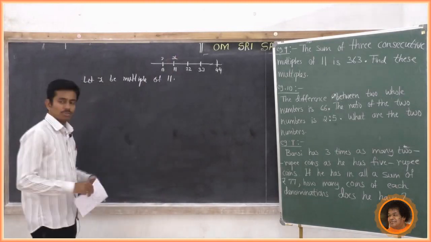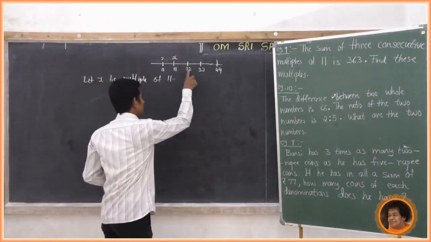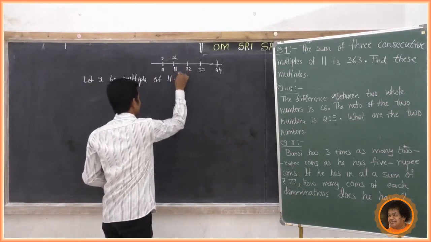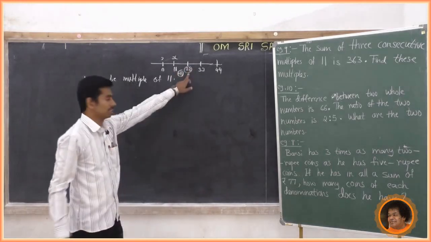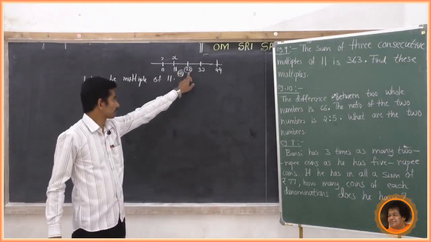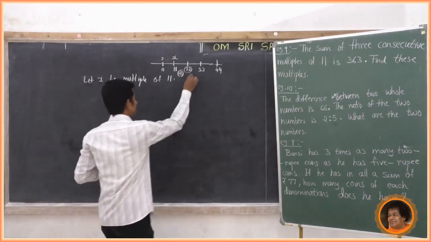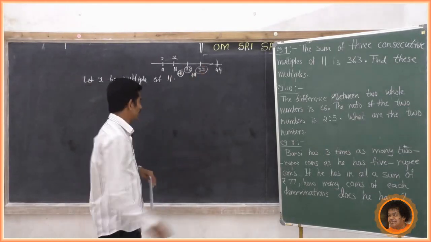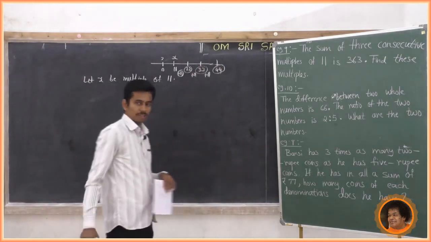Now tell me, which is the next multiple of 11? 11 plus 11 is 22. If we add 11 to this, we get the next multiple of 11. If we add 11 to 33, then we get the next multiple of 11.